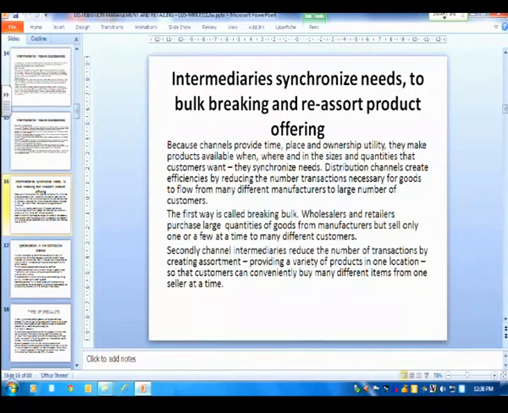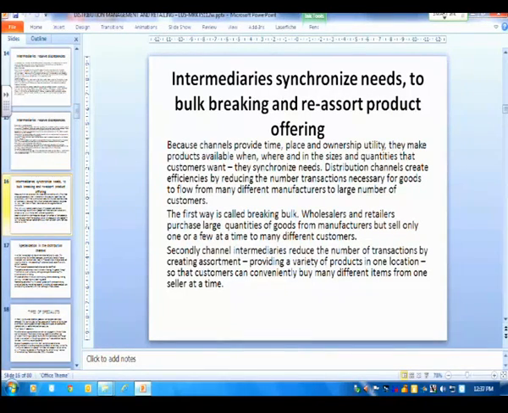The first way is called breaking bulk. Here, wholesalers and retailers purchase large quantities of goods from manufacturers but sell only one or a few at a time to many different consumers.